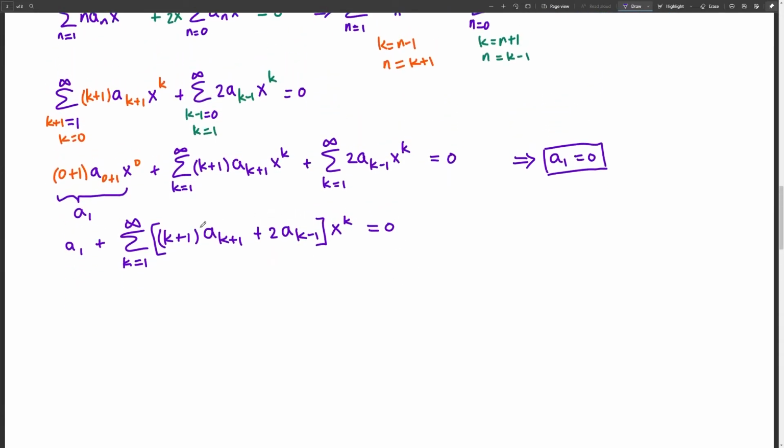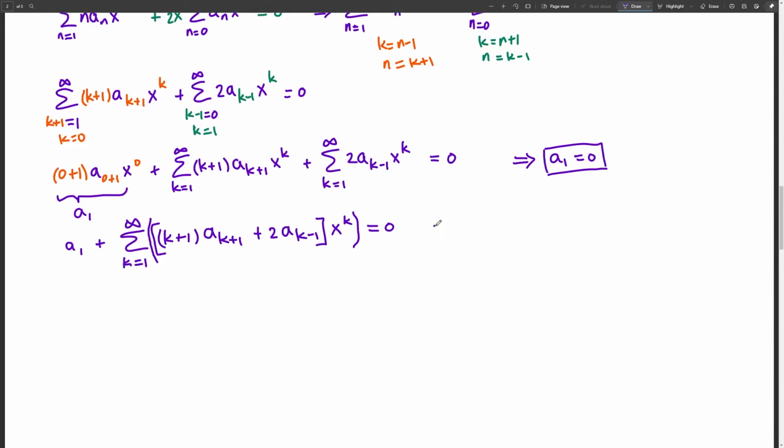Now, if this holds, right, this summation holds for all x's in an interval, the positive interval of convergence, then these coefficients have to equal 0.